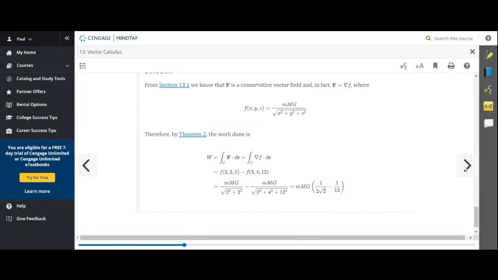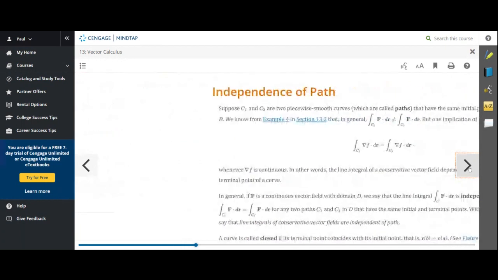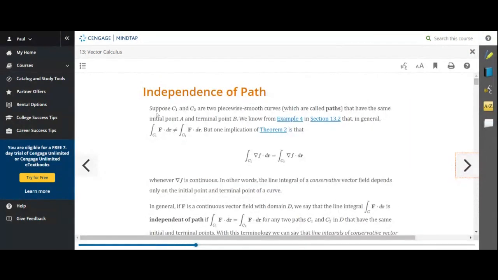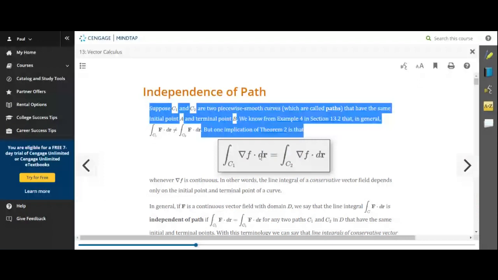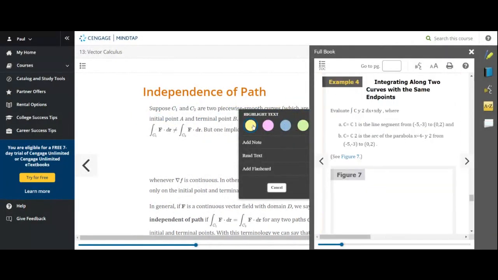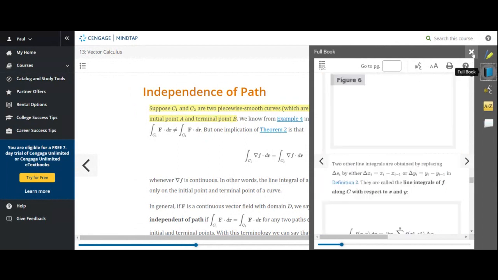The example one is actually a very nice example, but I want to keep it extra simple here. Independence of path. Okay, so what are the implications? Hold on, guys. I got too much going on here.